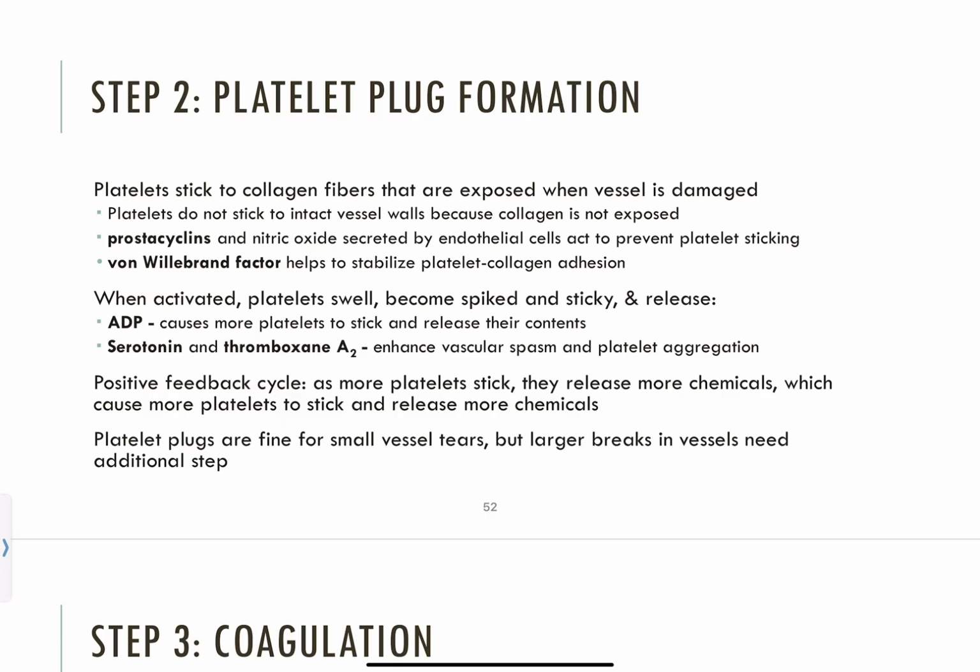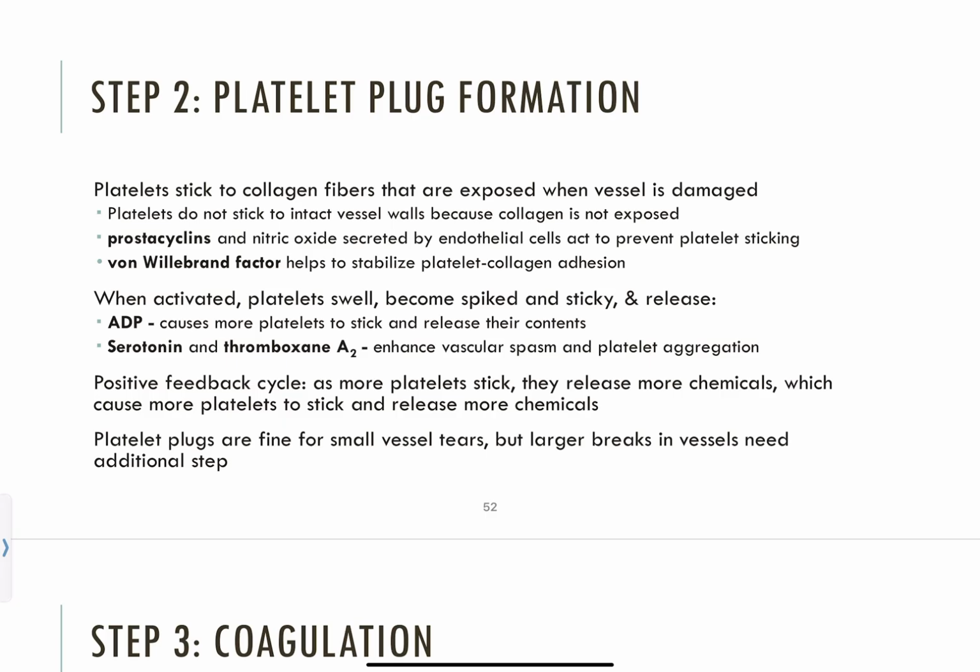Another thing is, if you remember from AMP1 in the tissue chapter, underlying all epithelial tissue is connective tissue. And one of the properties of connective tissue is fibers. Most of the connective tissue underlying our epithelial tissue is going to have collagen fibers. So once we damage our endothelial wall layer and we now have the exposed connective tissue, the collagen fibers being exposed are also going to cause our platelets to cling or stick.